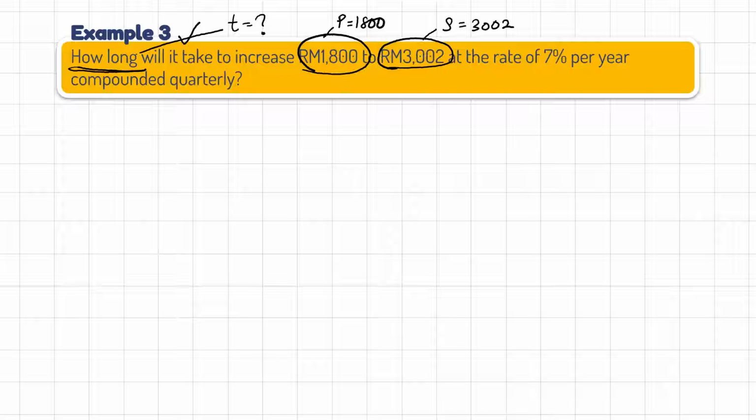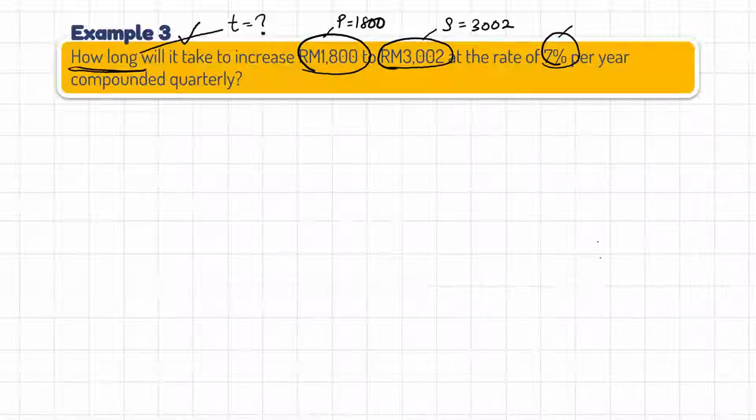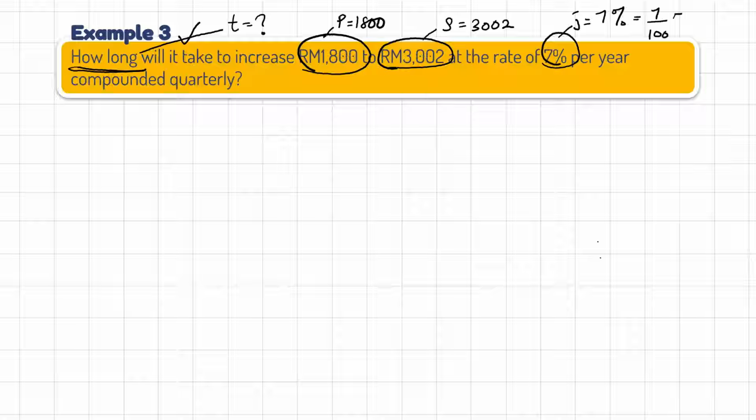More than that, we have the rate of 7% per year. This will be our J. 7%, which is 7 over 100, which is 0.07. That's how we change the rate to decimal.